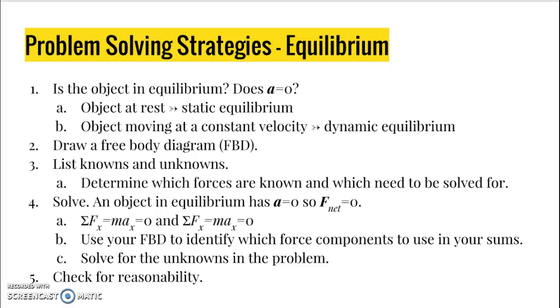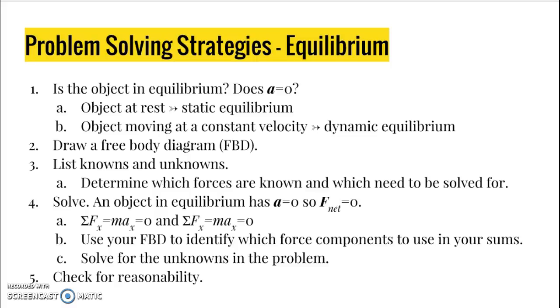Now that we've determined that our object is in equilibrium, we're going to draw a free body diagram, with all the forces acting on our object. That's going to help us solve the problem. The AP exam often asks in free response problems for you to draw a free body diagram, so make sure you draw them with a dot and not a square, because the dot is what the AP exam focuses on.